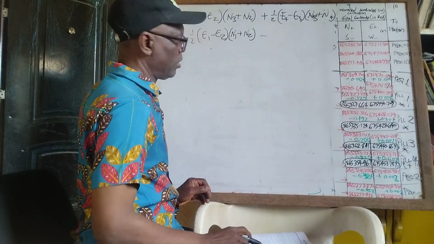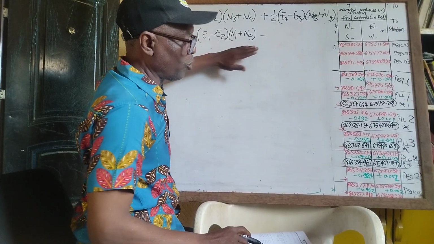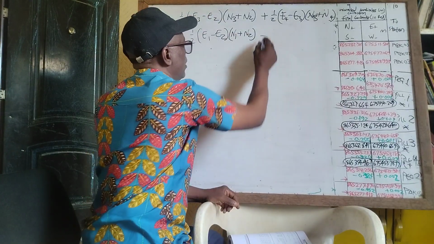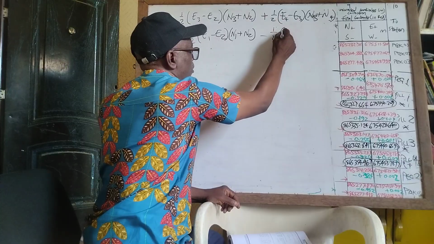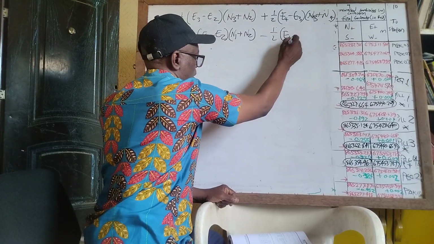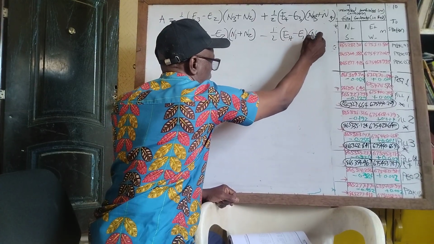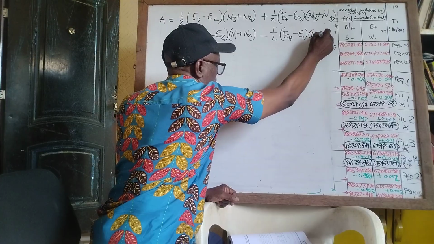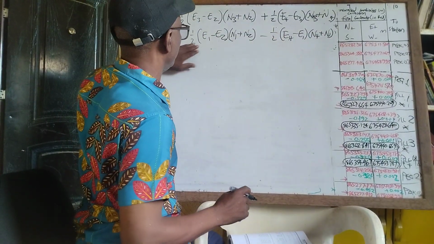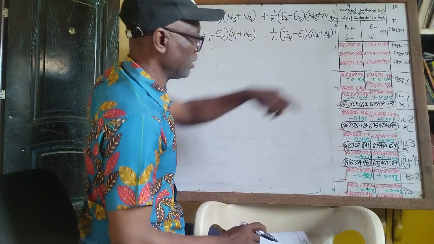Minus, you are still going to minus the second red, minus half of E4 minus E1 into N4 plus N1. So take care, this one minus, they are the ones in red. This plus, they are the ones in green.